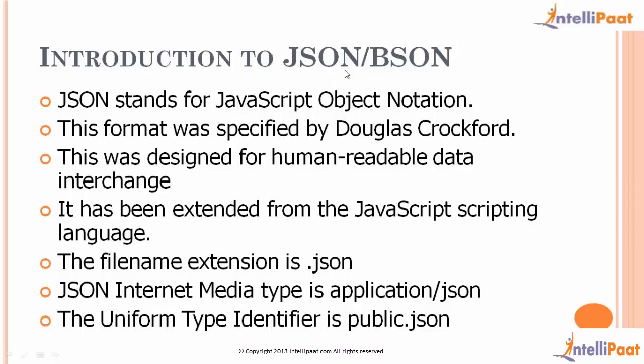Whatever JSON we write, internally it will be converted into BSON, and it will be stored inside the MongoDB database files. So it's very important to understand JSON first before jumping to any CRUD operations, inserting data or displaying data.